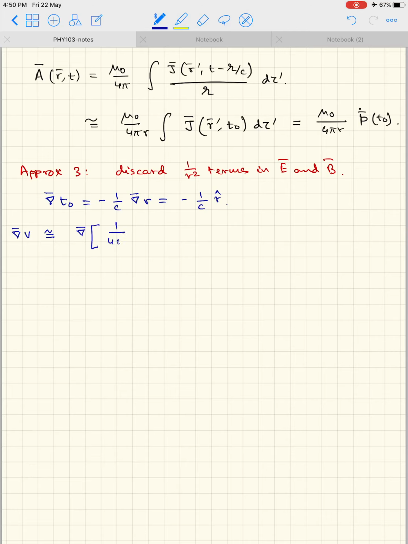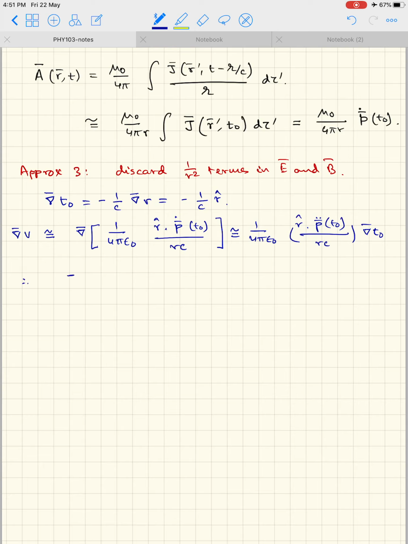It's 1 over 4 pi epsilon naught r cap dot p, not p naught, sorry, p at t naught by rc, which is given by 1 over 4 pi epsilon naught r cap dot p double dot t naught by rc into the gradient of t naught.